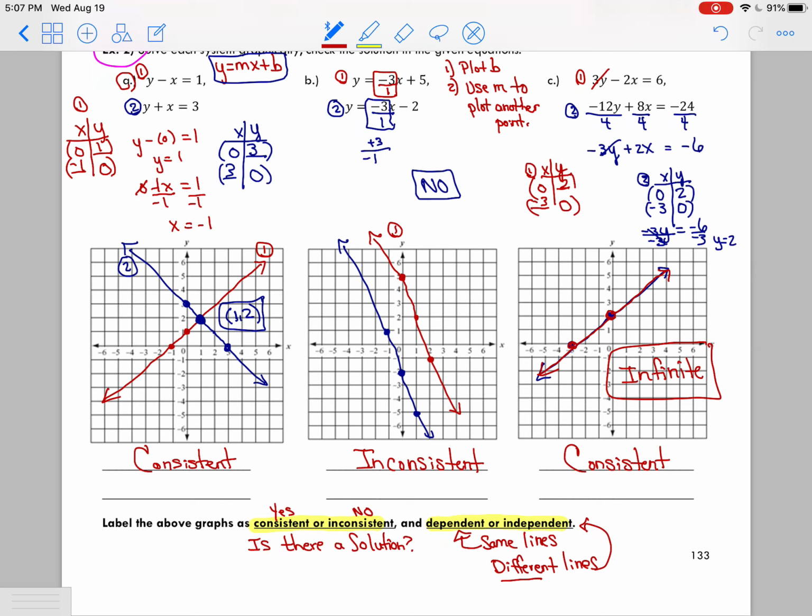These are different lines here in example A, so we're going to call this independent. And of course, parallel lines have the same slope, but they're not the same equation because they have a different y-intercept. So they are different lines as well. But of course, we can see the same line are not different lines, so they're dependent.